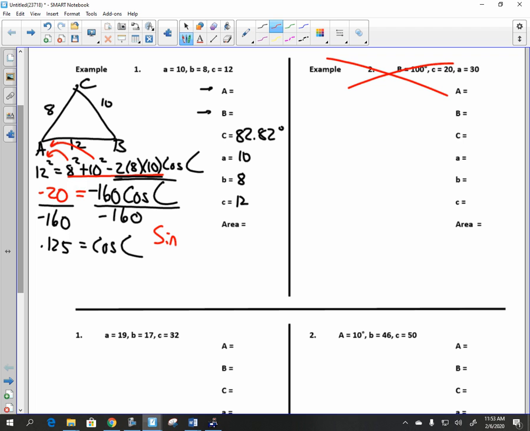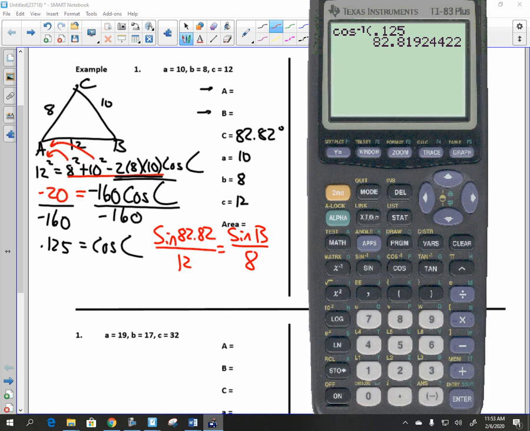I have the sine of 82.82 over 12 is equal to, do you want to do A or B, Jaden? B. Sine of B over 8. I solve that by multiplying both sides by what? 8. 8 sine of 82.82.